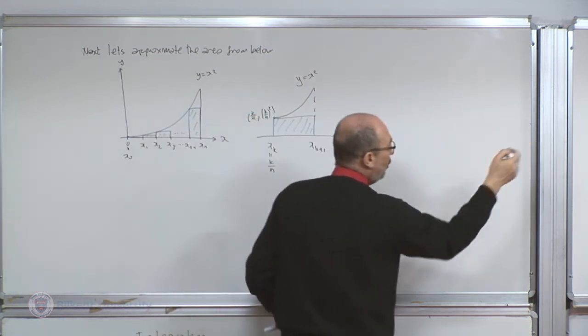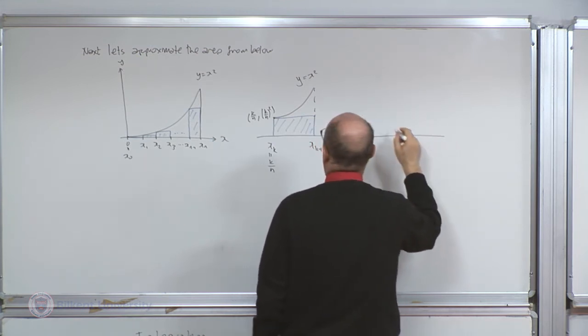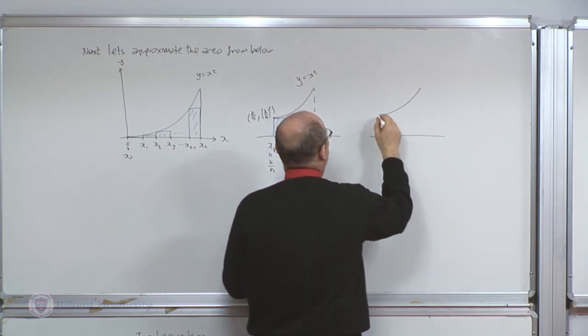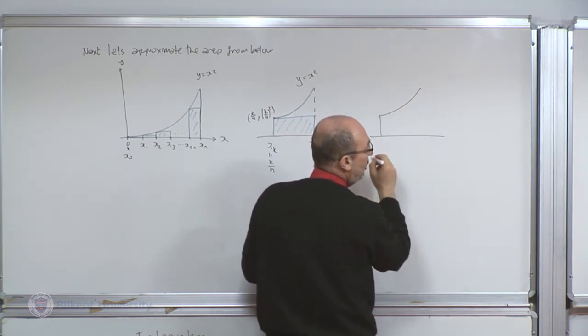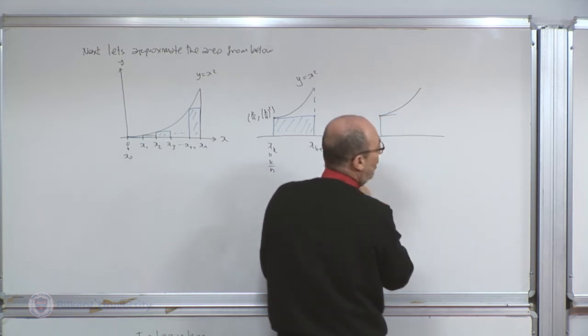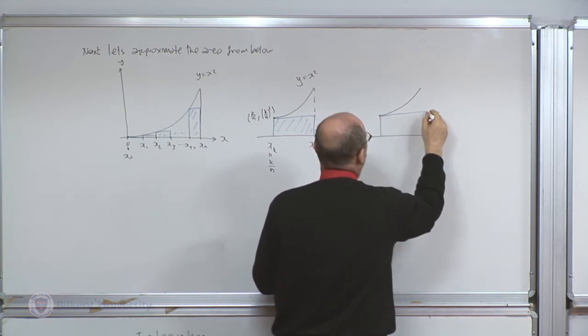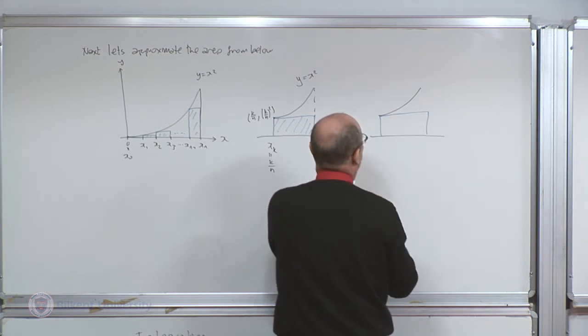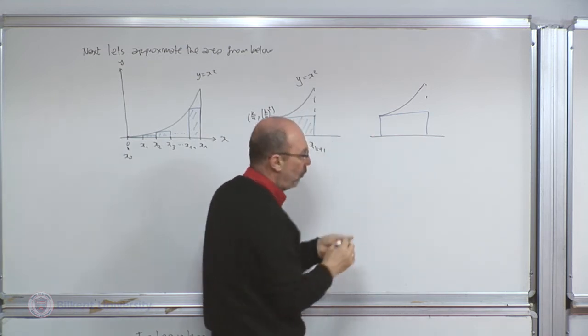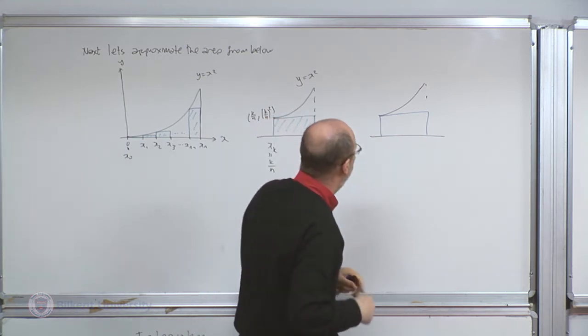Let me do the other picture also. In the other picture, we have this area, and it goes up to here. Now suppose we have new points as we did over there.